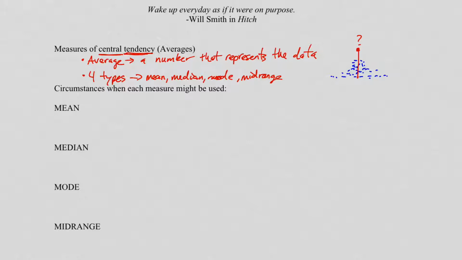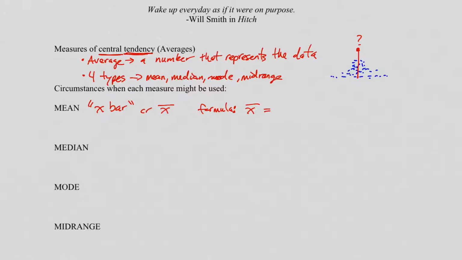The first one is called the mean, and this is the most commonly used word for the average. We have something called X bar, and this is how all students' grades are calculated.